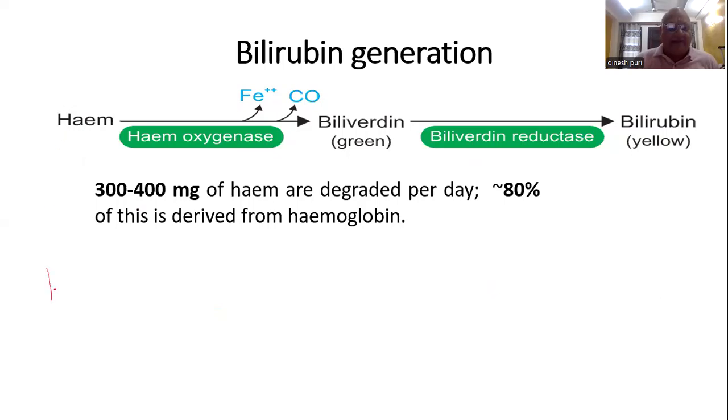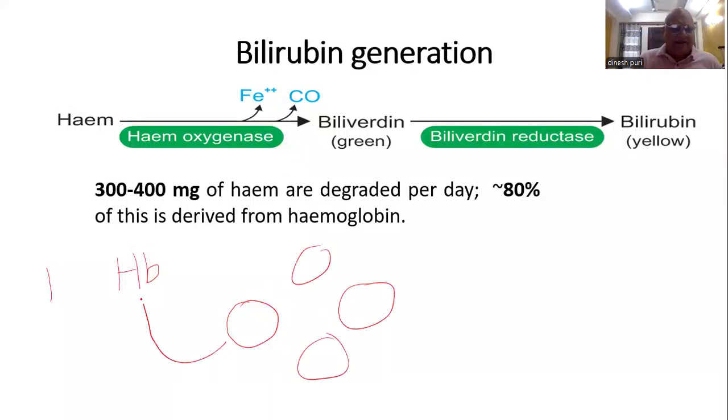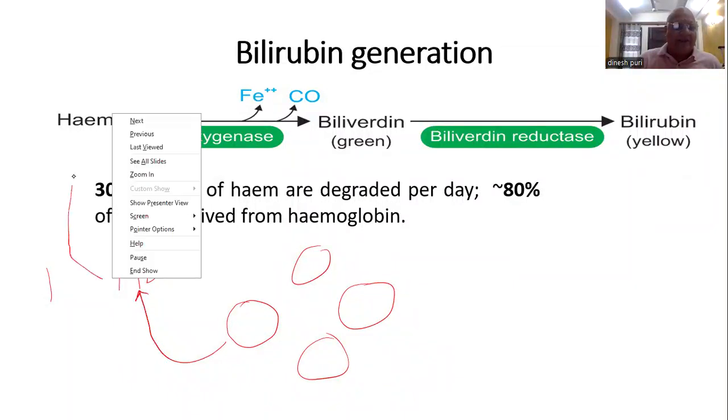So अभी हमने देखा 80% is derived from hemoglobin, and hemoglobin is coming from RBCs. In fact, RBCs are nothing but bags full of hemoglobin. So hemoglobin से heme release हुआ, and after 2 steps it is converted to bilirubin.